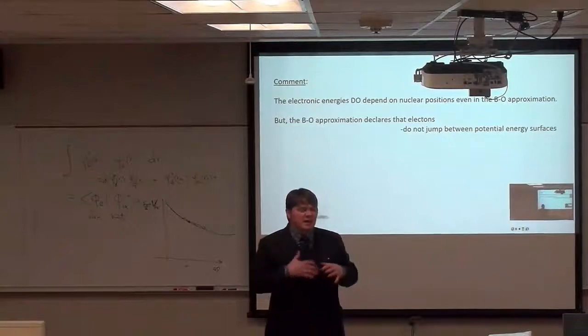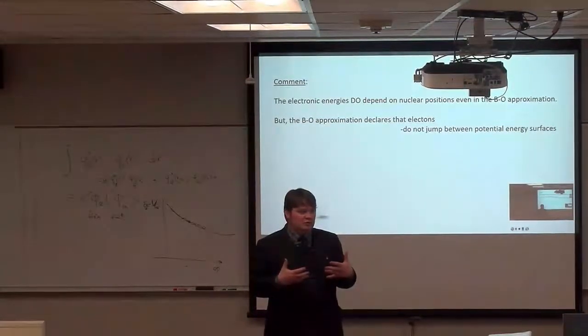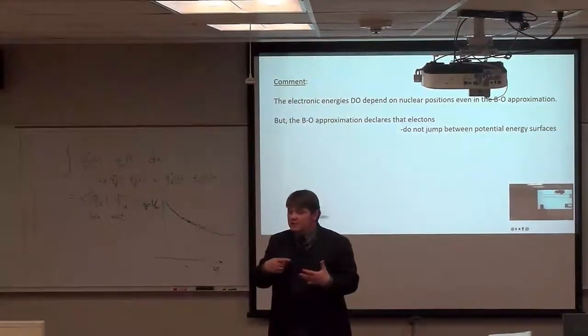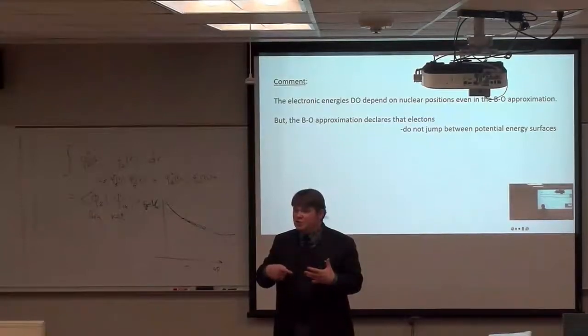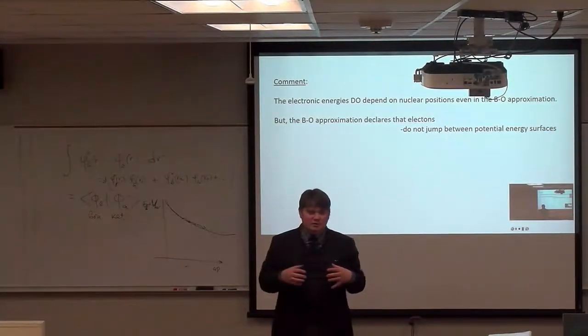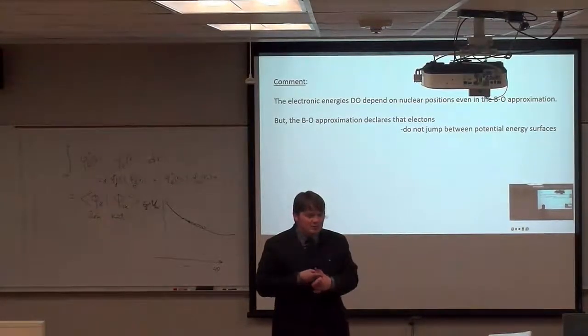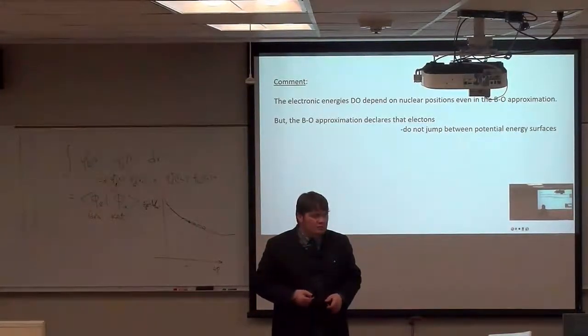Born-Oppenheimer approximation decouples the mathematical representation of electronic and nuclear degrees of freedom, and it explicitly forbids jumps, forbids transitions between potential energy surfaces. So Born and Oppenheimer kill only part of the electron-nuclear interaction.